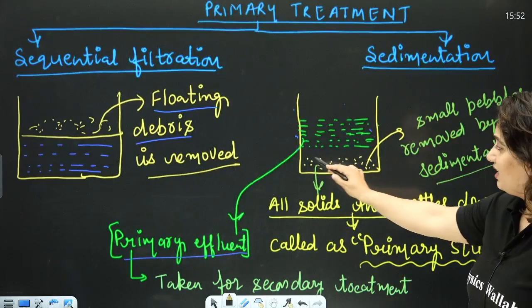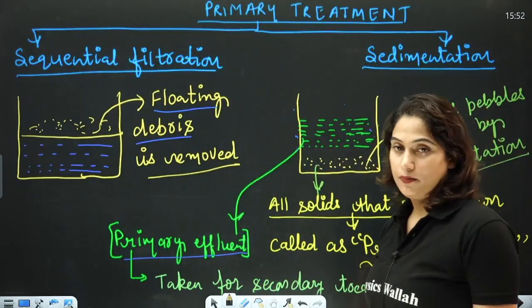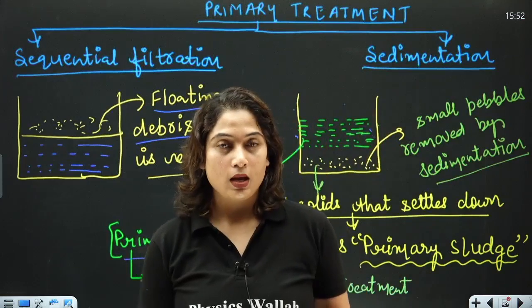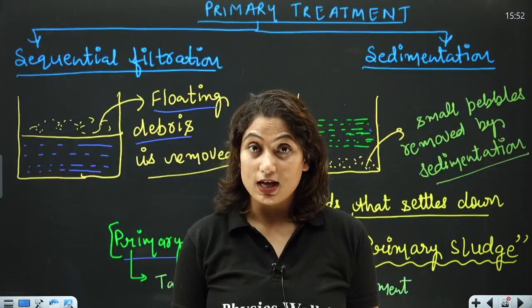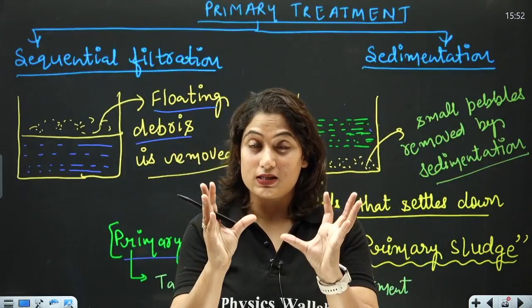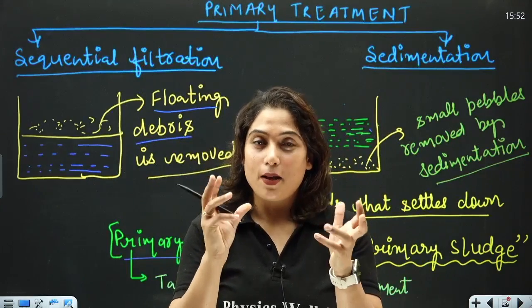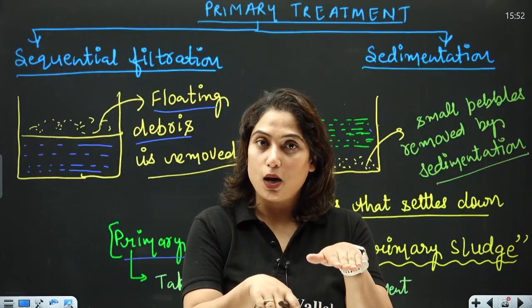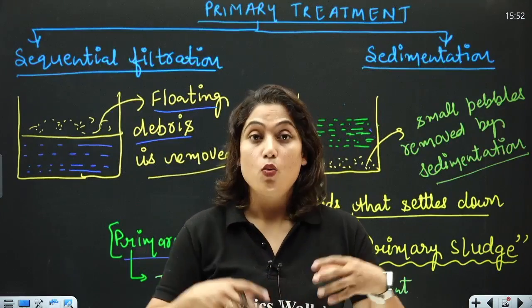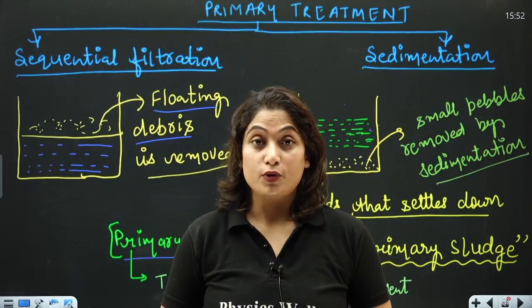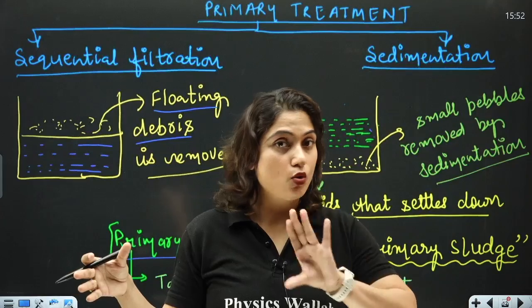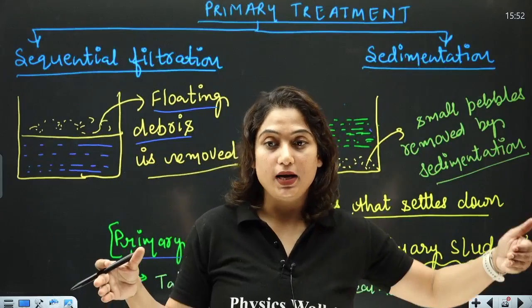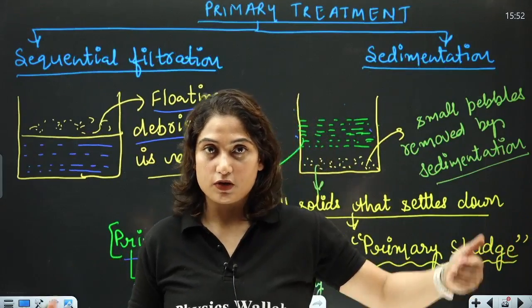What will you say? Primary sludge is the heavy materials like stone, grit, pebbles, which have settled down in the tank. Okay, what is primary effluent? Primary effluent is the water which has no physical impurities and is ready to go into the secondary treatment.